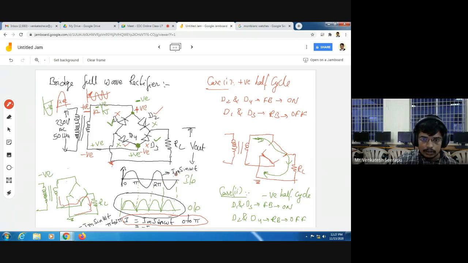Because the equation for the input waveform is Im sin omega t. So from 0 to pi, whatever the input waveform is, the same waveform appears in the output also. But see here, from pi to 2 pi, we have a negative half cycle in the input, but here we have a positive half cycle. So the polarity of the waveform is reversed. That's why from pi to 2 pi, our output waveform equation is minus Im sin omega t.